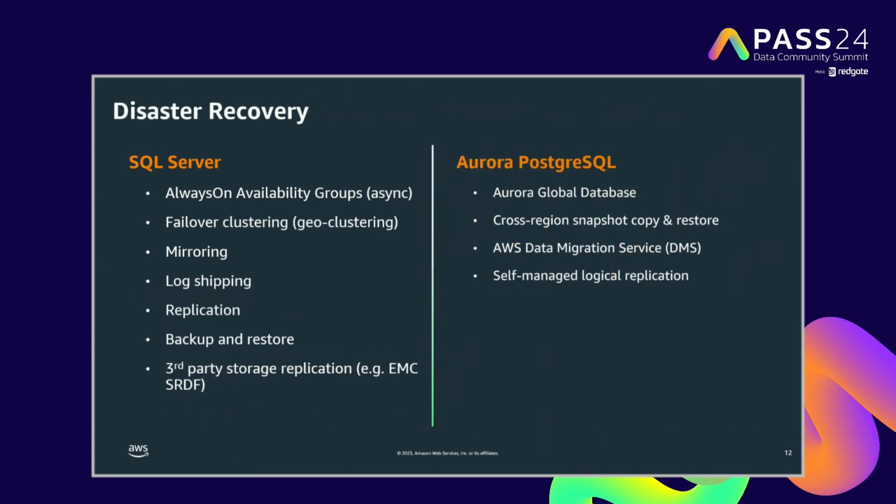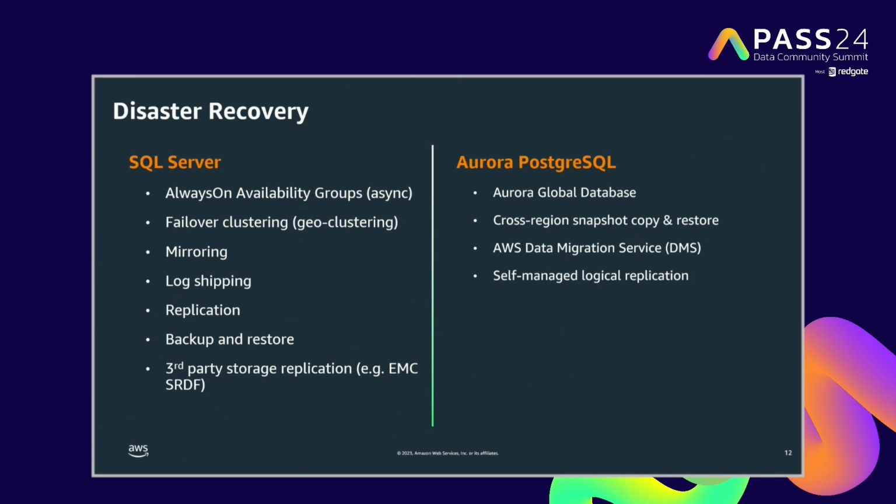So let's look at disaster recovery compared to SQL Server. I hope everyone knows the SQL Server features related to disaster recovery, which include Always On, clustering, mirroring, log shipping, your backup strategy and the rest. But on Aurora Postgres, you don't need to configure backups or any of these things.